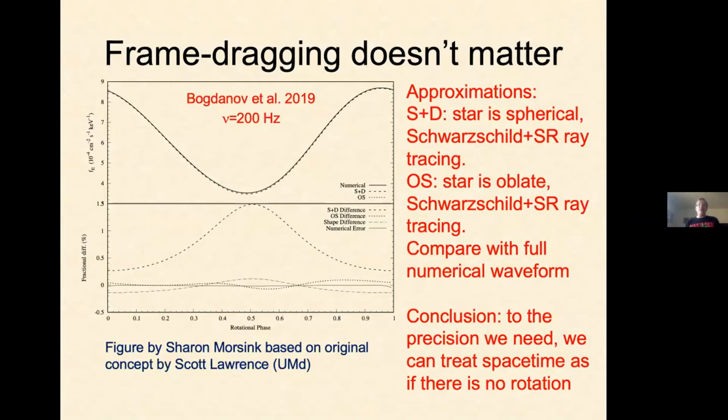This is a figure from one of the support papers that was released in December of 2019, led by Slavko Bogdanov. And this is for a star of 200 hertz, like our J0030 pulsar. And what we see here for particular assumptions about other parameters, we have the solid line is what you might call numerically exact.